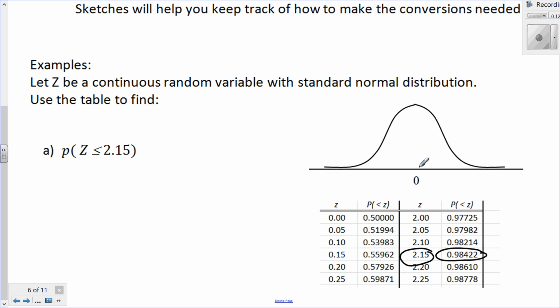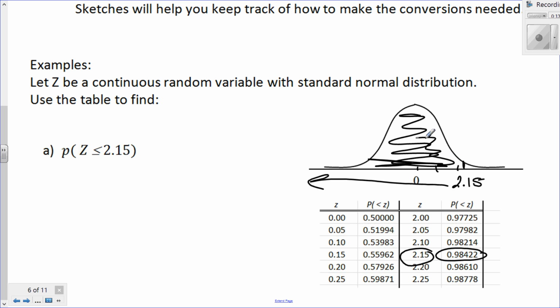So standard normal distribution has a mean at 0, and we're going up a little bit more than 2 standard deviations. We're going to where Z is 2.15. We want the probability of Z being less than 2.15, and that's represented by this area under the curve.